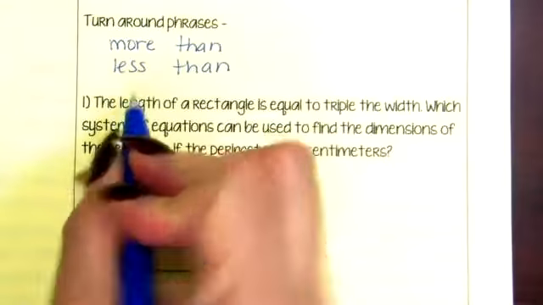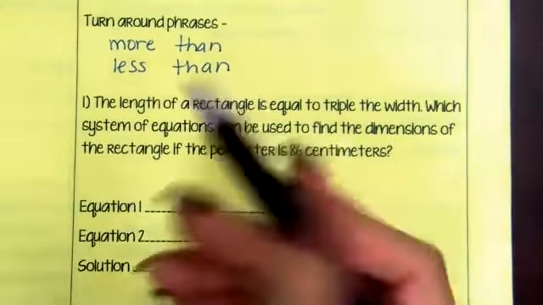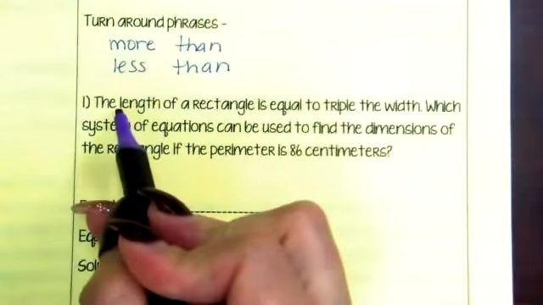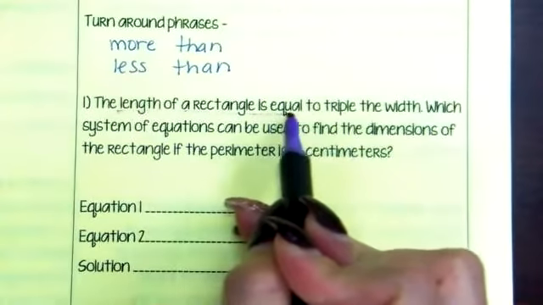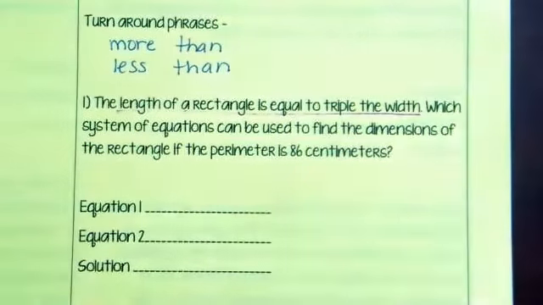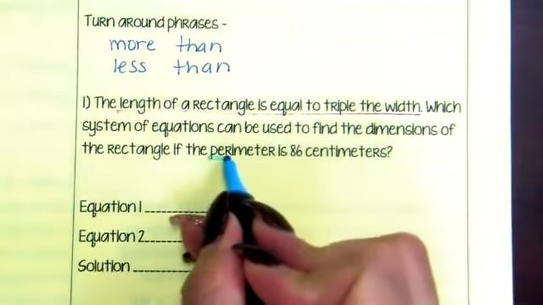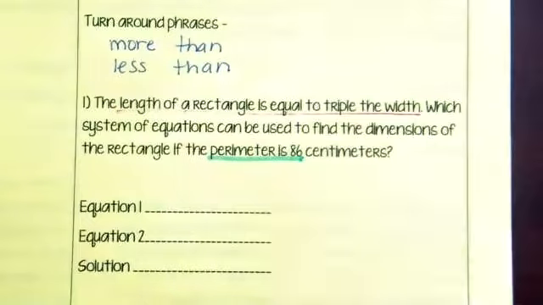So the first equation says the length of the rectangle is equal to triple the width. So that's one equation. The other equation is, which system of equations can be used to find the dimensions of the rectangle if the perimeter is 86 centimeters?